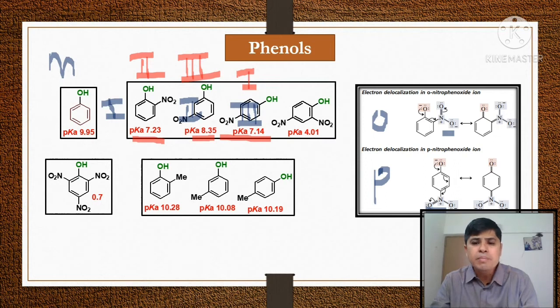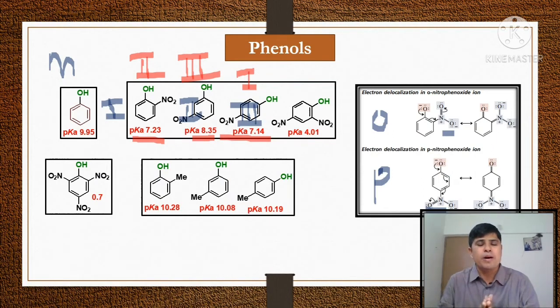Now between ortho and para, what is the expected order? The expected order is that ortho should be more acidic than para. But the experimental value tells us that para is more acidic than ortho. Why is it so?